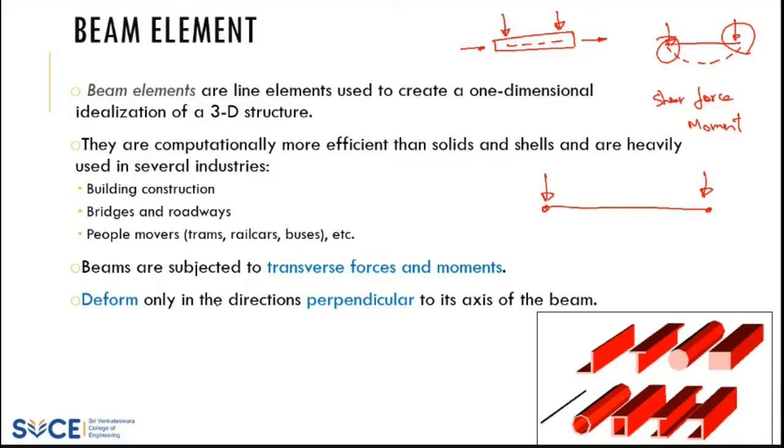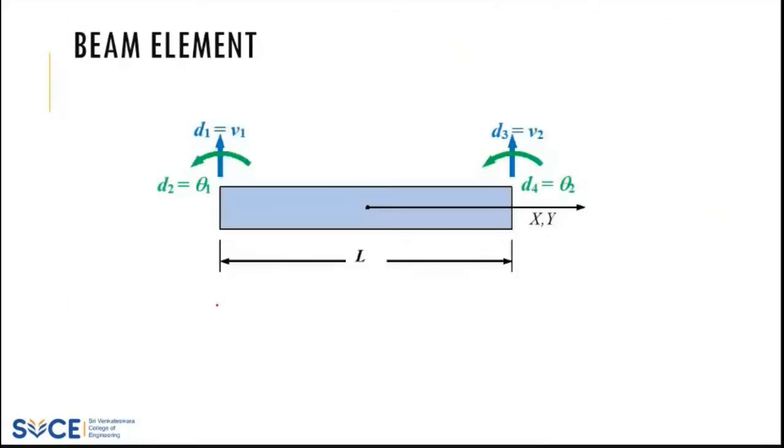Its cross section, how the cross section is. Let me consider this element. Your beam element is like this. So you have two displacements. One is V, which we call the displacement, and the other one is theta. As I told you, at this nodal point, one is related to shear force.